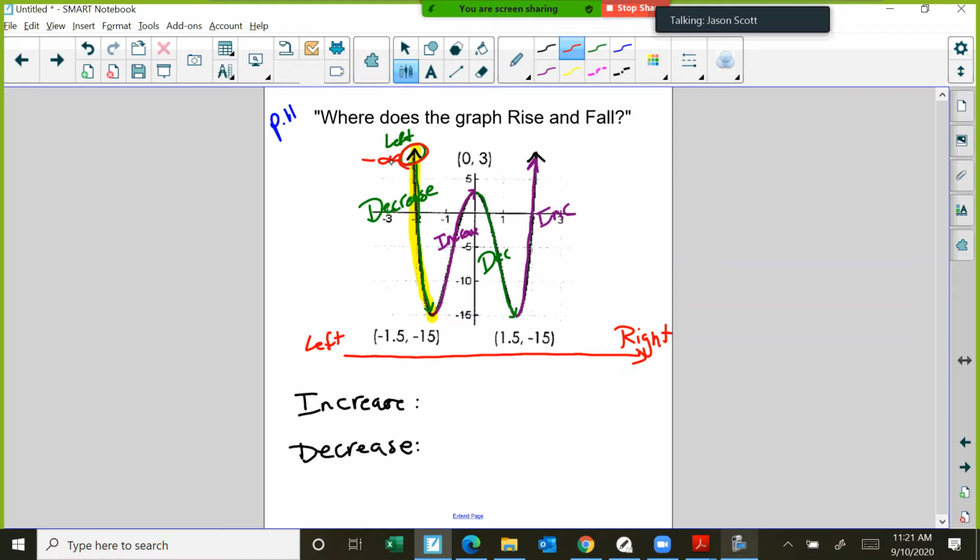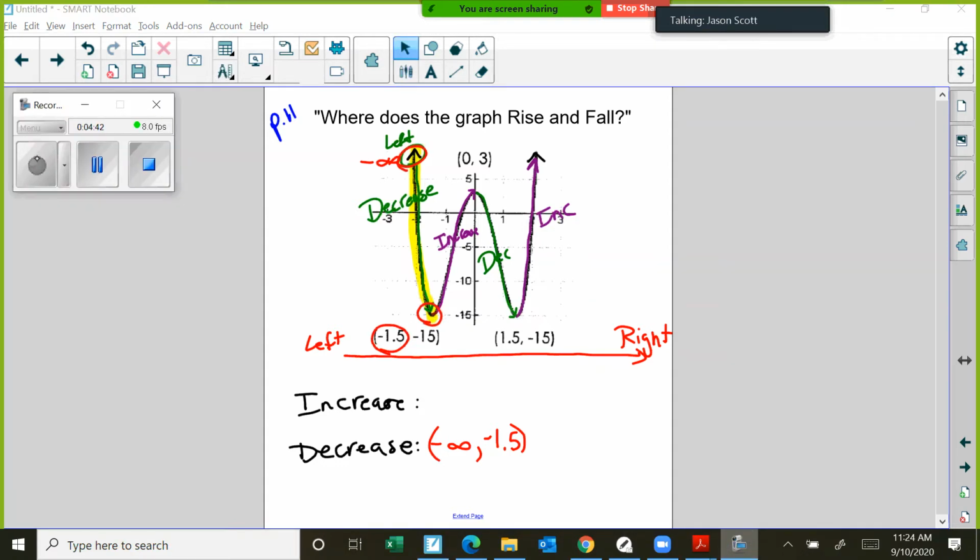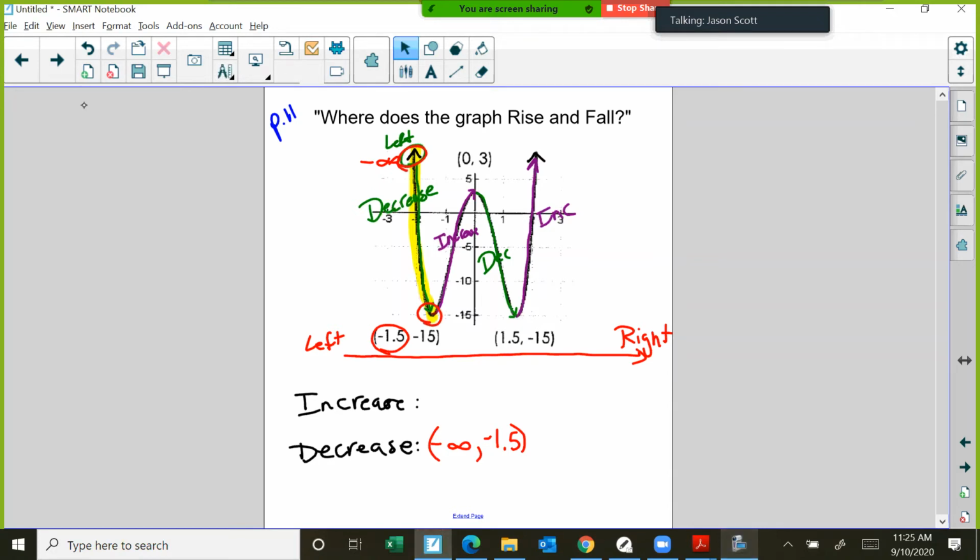This highlighted part is a decrease interval. It starts at negative infinity, and it stops right here, and we read its x value at negative 1.5. Increasing, decreasing intervals always get parentheses. So that's the first decrease out of 4 intervals that we have to locate on this graph.